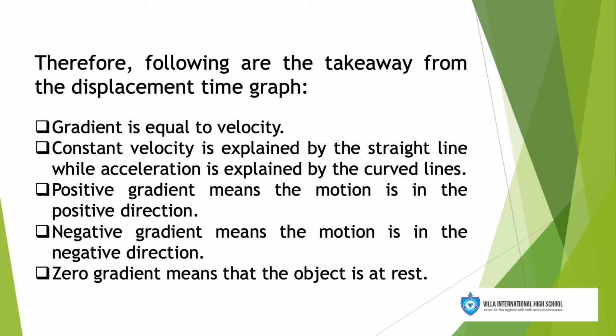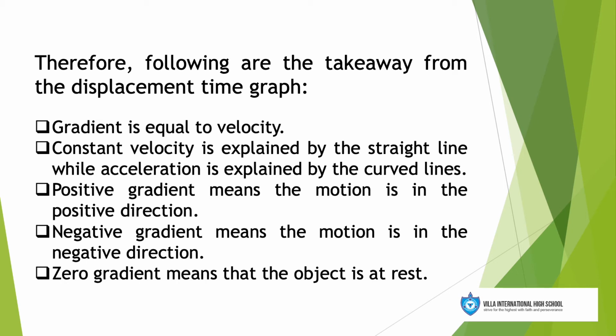And zero gradient: in a displacement time graph, if you see a zero gradient, that represents the object is at rest. So these are the main key points you have to remember about displacement time graph.